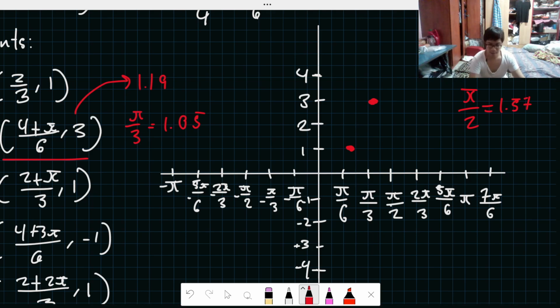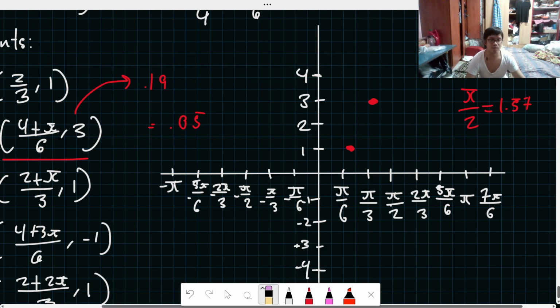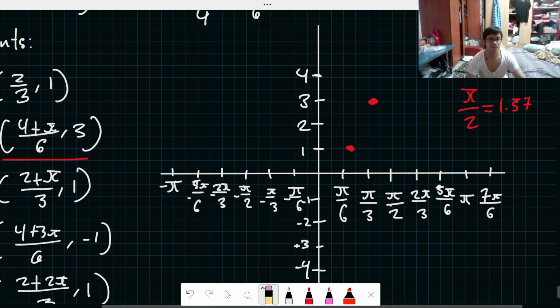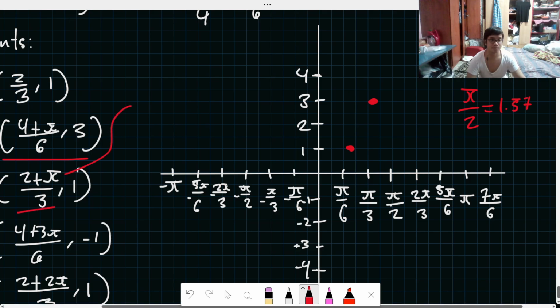All right. Next, for your third key point, we have 2 plus pi all over 3. Okay, let me erase this one. So anyway, 2 plus pi all over 3 is approximately 1.71.